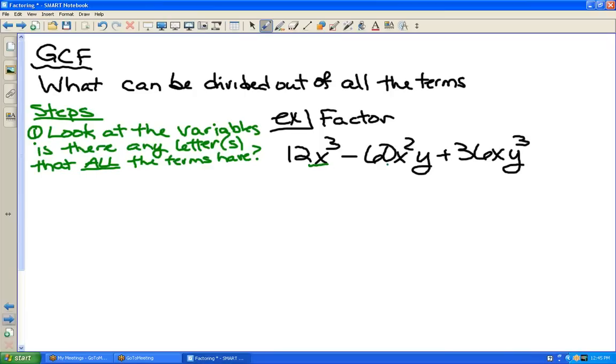And I see that they all have an x, different exponents, but they all have x's. So going with that, the first step is, if there's a letter that all the terms have, write the common letter. Write the letter down. In this case they all have x's, so I'm going to do that.